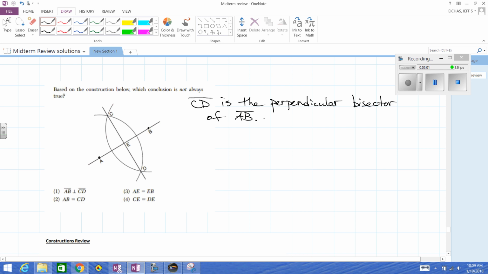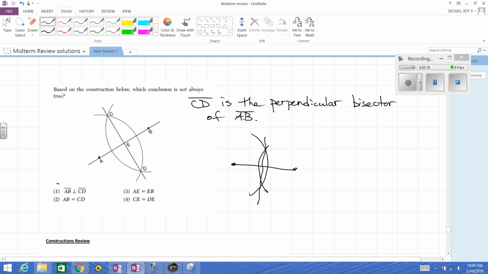That's a little bit of an assumption. We know for sure, even if you use different size circles, you're going to get perpendicular.